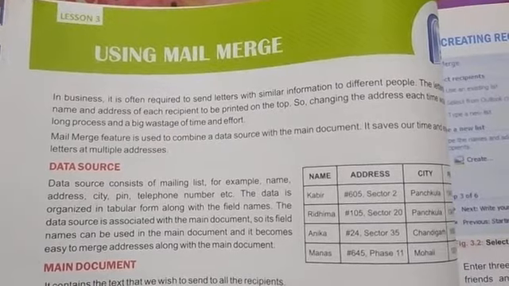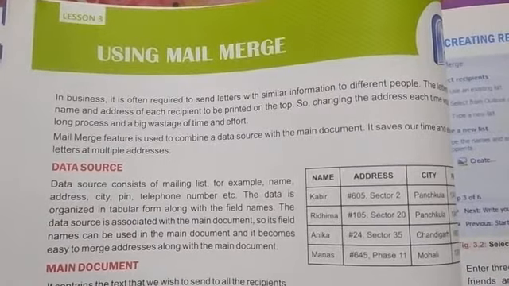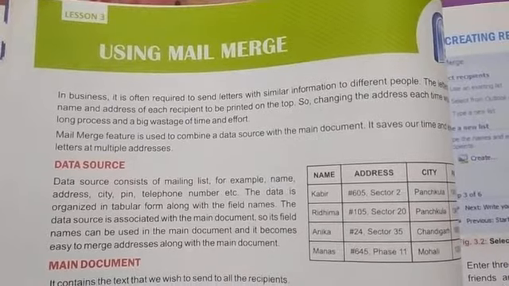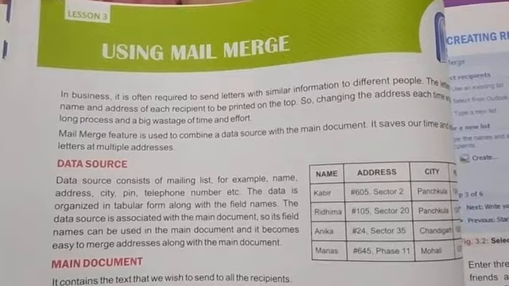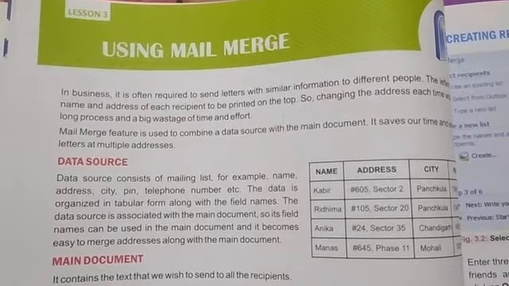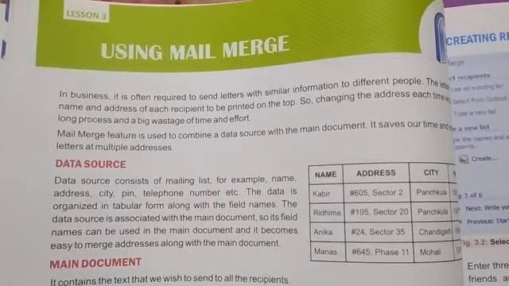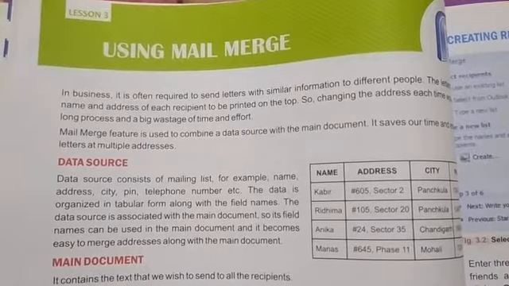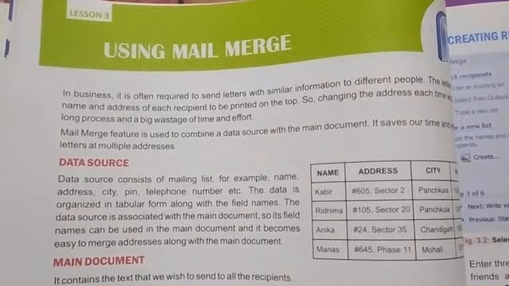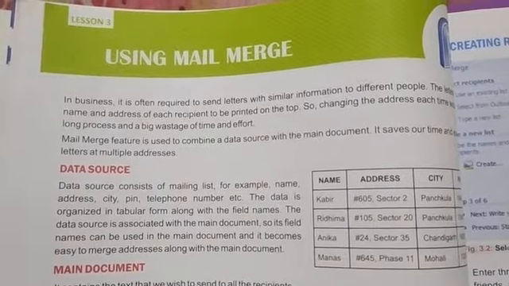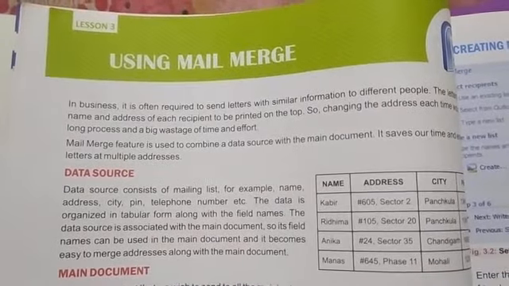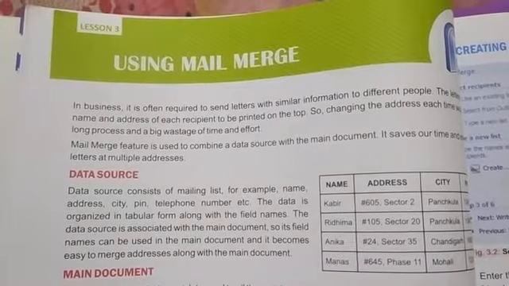Yes students, using the mail merge feature of MS Word we can do it. We can send the same kind of letter, that is called the main document, to a large number of people. Those people's addresses and names we can store in our data source. Okay, it saves our time, and less time is required to send letters to multiple addresses.